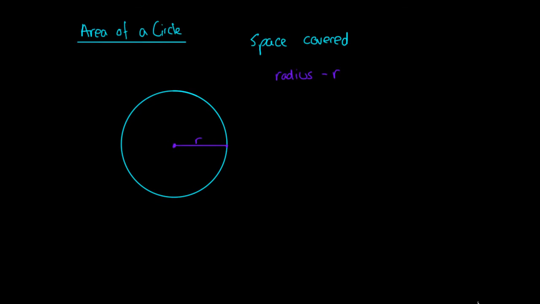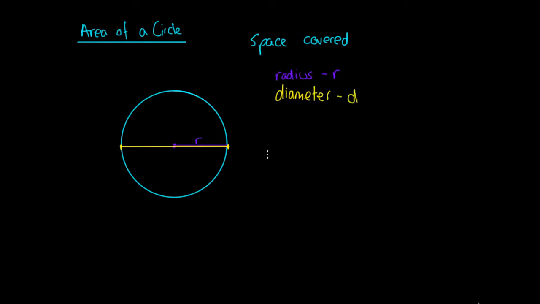Then we have the diameter of the circle. The diameter is basically the entire distance across the center of the circle, so the diameter is going to be like that. I've drawn that so you can still see the radius. This is what we call the diameter. It's basically the entire width of the circle, and I'll denote that as d.